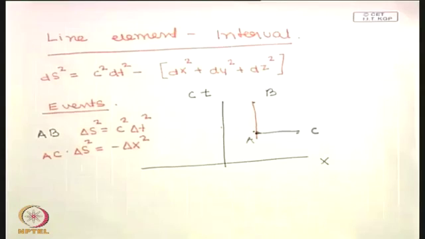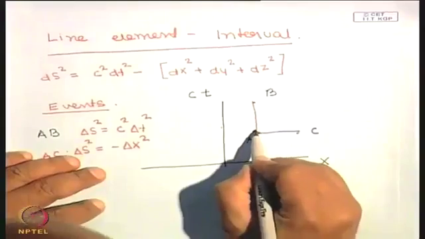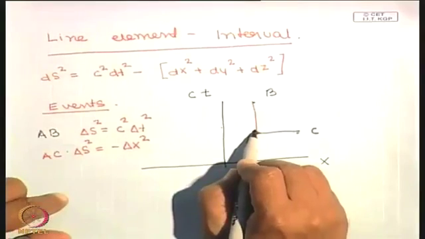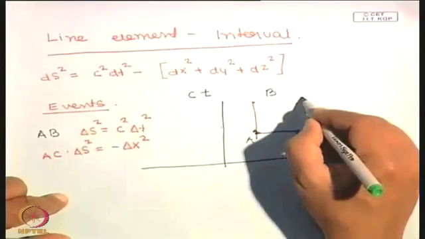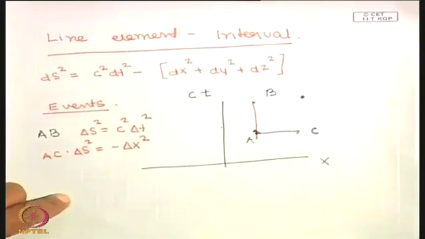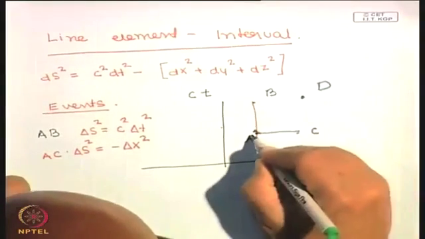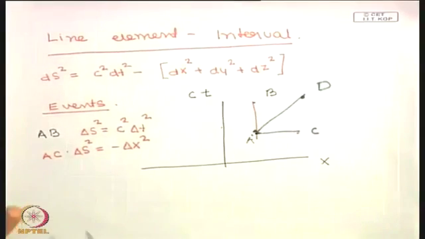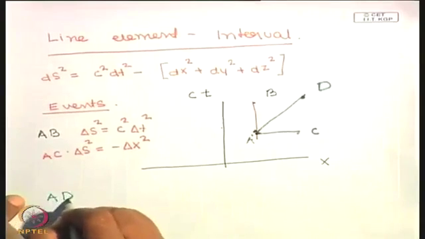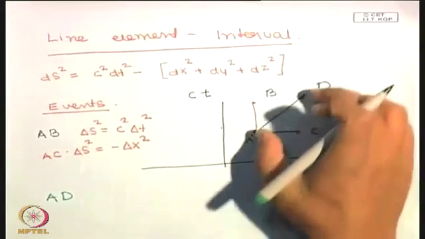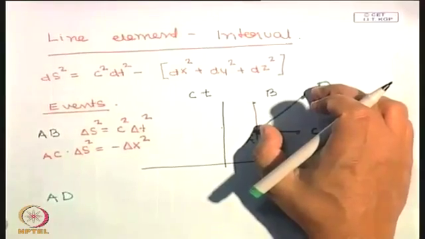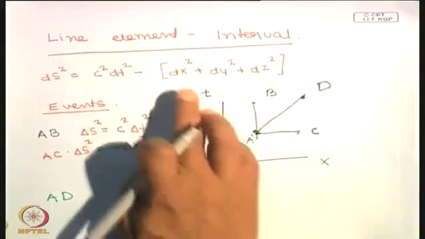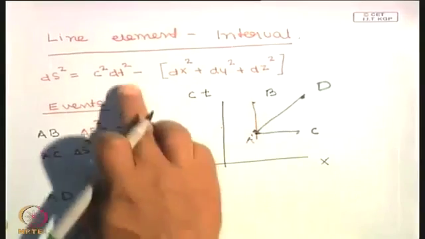Now, the utility of the interval is apparent when you consider something that travels at the speed of light. So, imagine a photon being emitted from here and it travels at the speed of light. After a time interval this photon has reached here, this is the event D. So, the photon is emitted here and is detected by a detector at D. Let us look at the separation AD. It is travelling along the x axis, delta x, and it is also evolving in time, so there is a delta t.